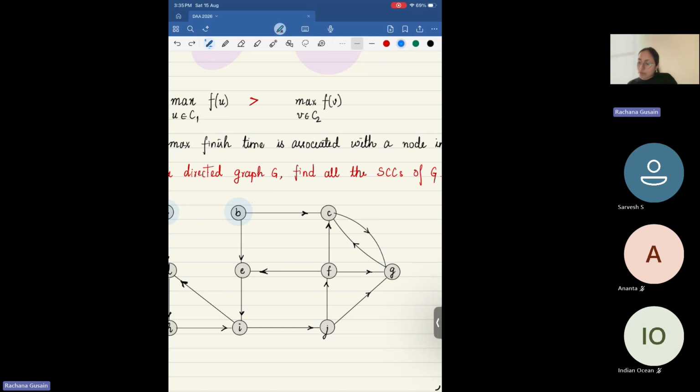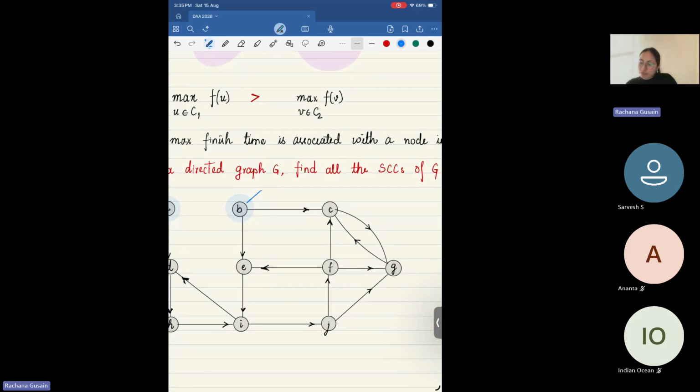One vertex cannot be part of two strongly connected components. So once I have that B is a strongly connected component, I cannot add it to any other strongly connected component. The strongly connected components actually partition the vertices of the graph.